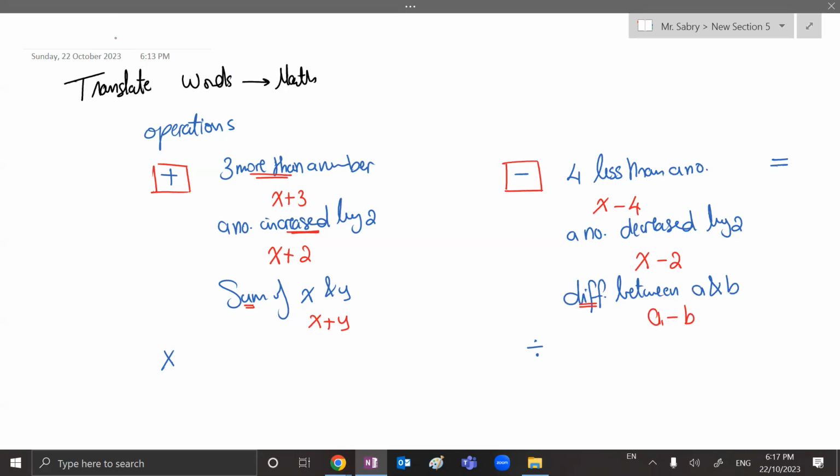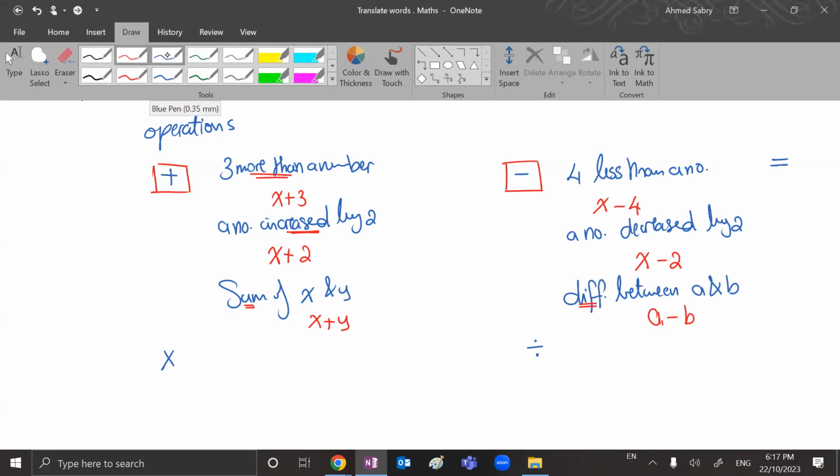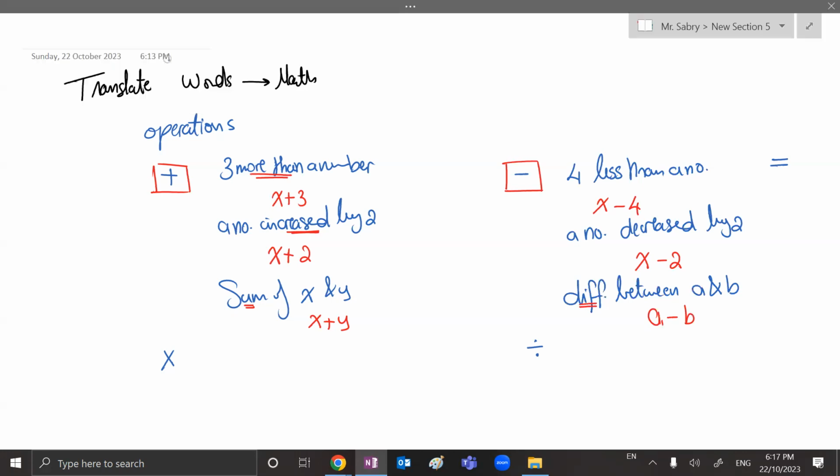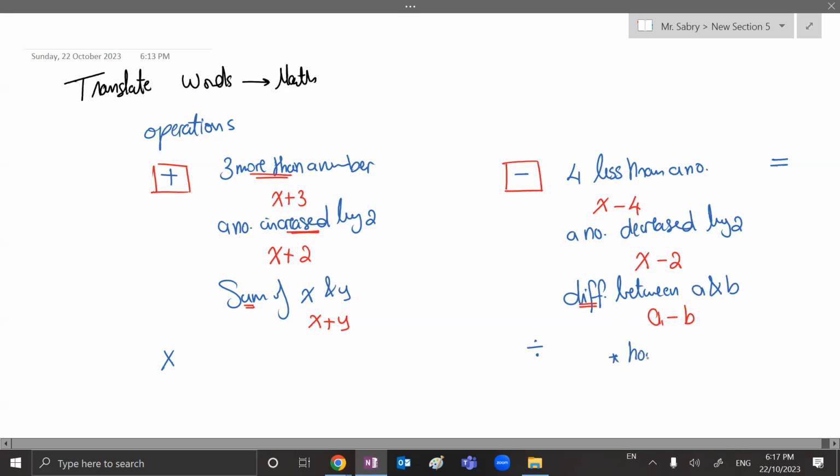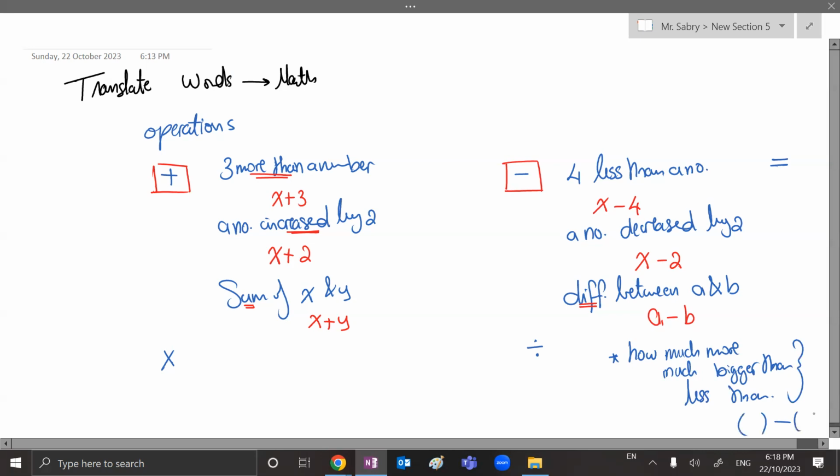There are a few types of questions that represent subtraction. Those were sentences, just facts. But on the other hand, if I ask how much more, or how much bigger than, or how much less than, they all mean I'm going to subtract two things, minus each other.